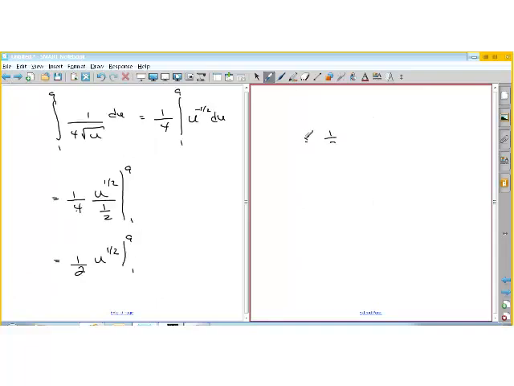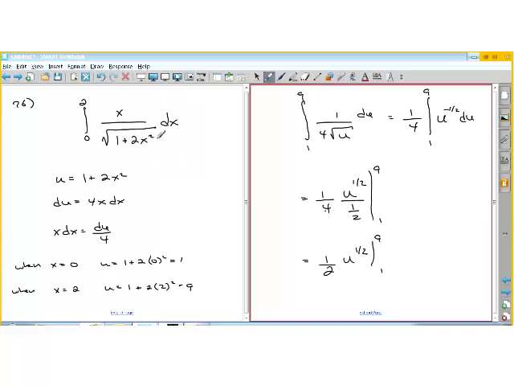So u to the 1/2 is the same as the square root, so we get the square root of 9 minus the lower limit, square root of 1. So we get 1/2 times 3 minus 1, which is 1/2 times 2, which is 1. So the integral, the area underneath the curve of this expression is equal to 1.